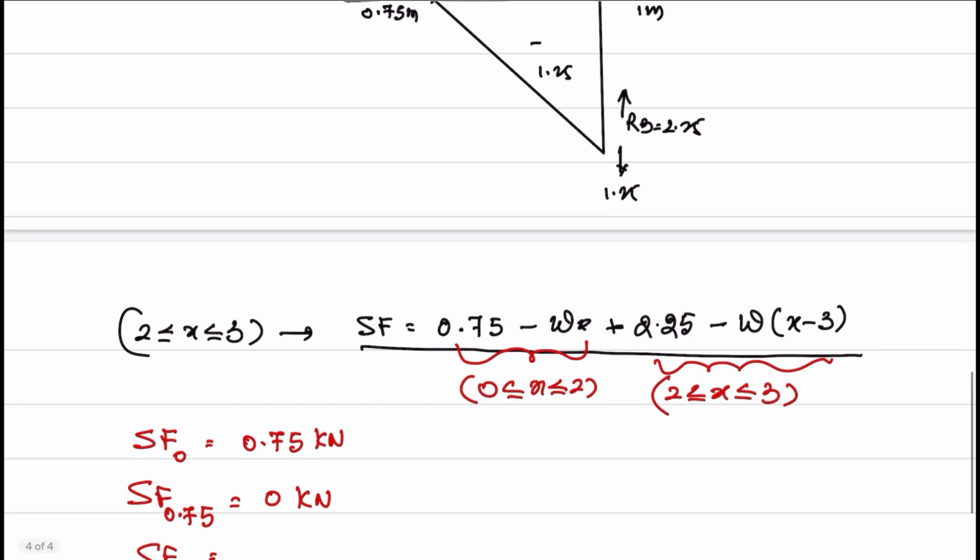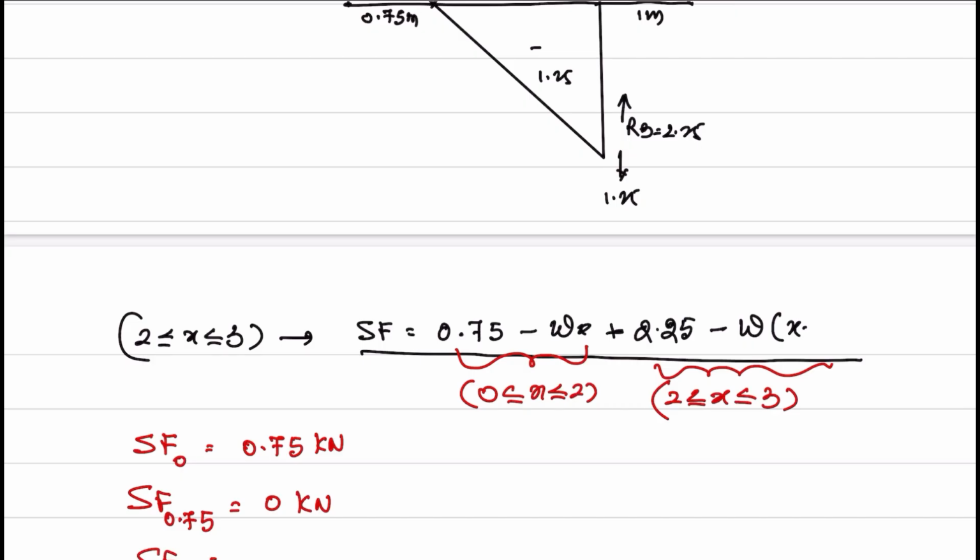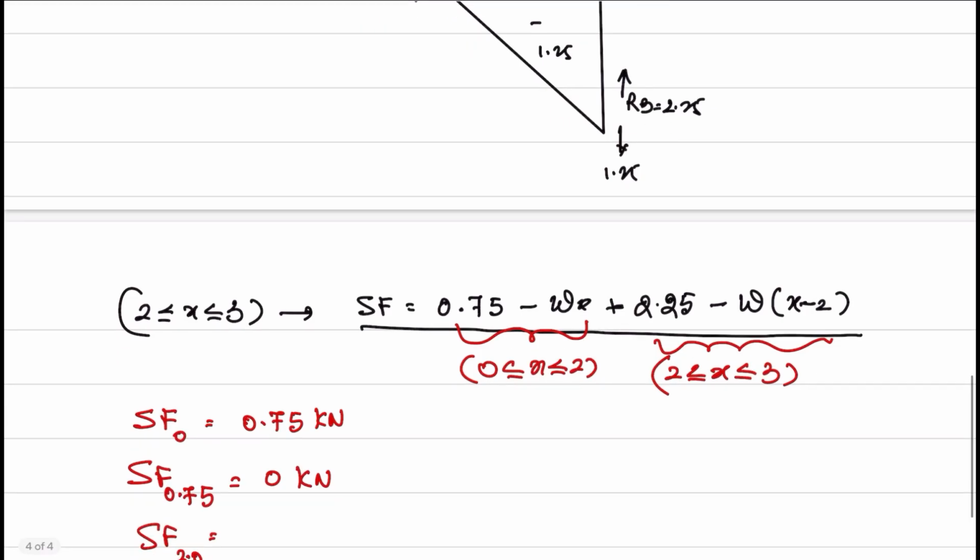This is not 3, I am getting confused unnecessarily every time. I was doing some other, this W into X minus 2. At 2, what is the value?